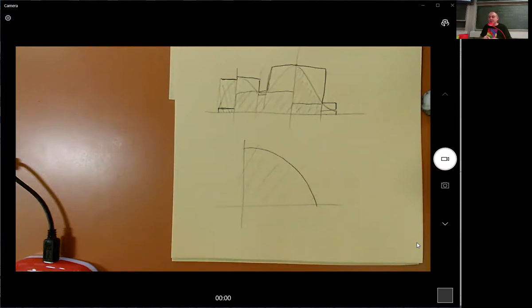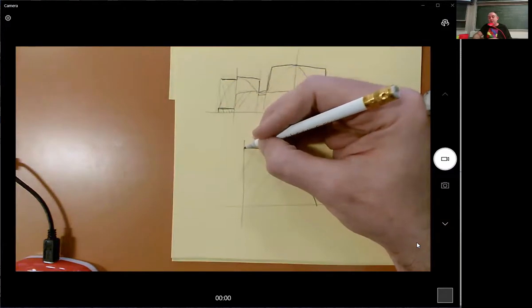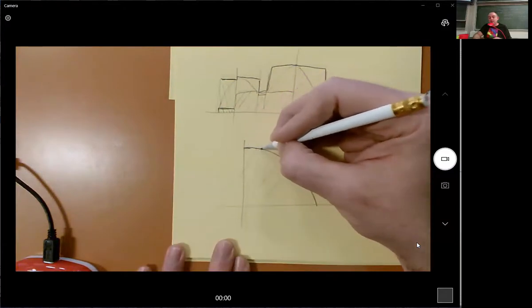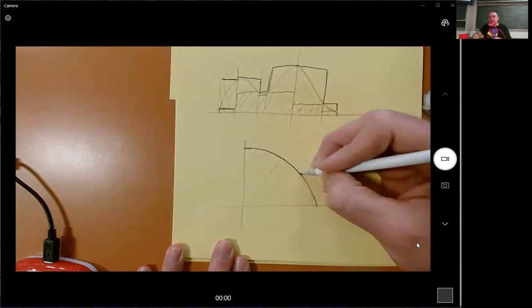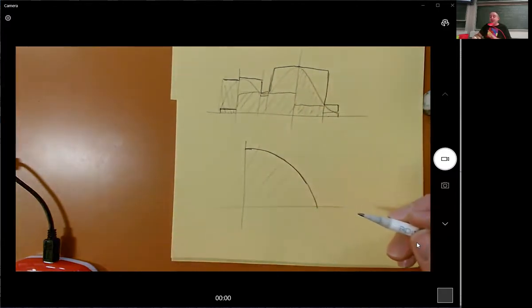But what if I really wanted to believe that it was possible to absolutely have a single number that describes this area? I would have to convince myself that it really did work.